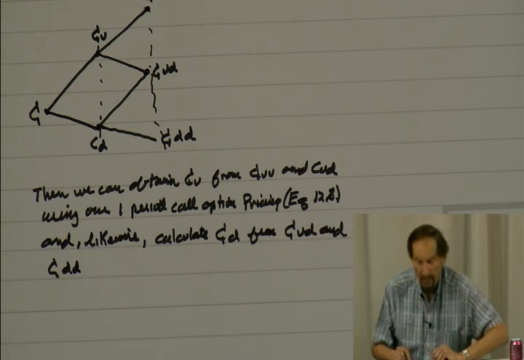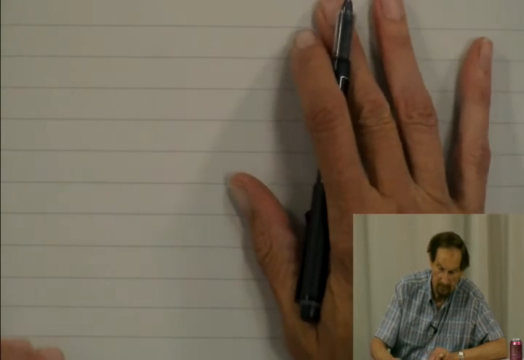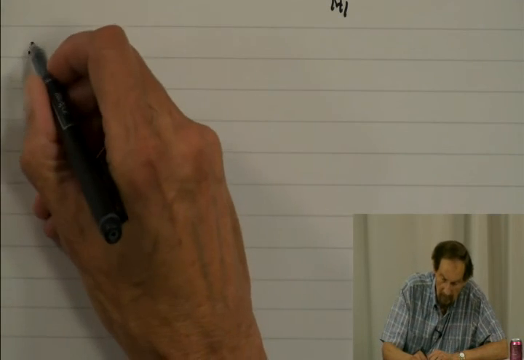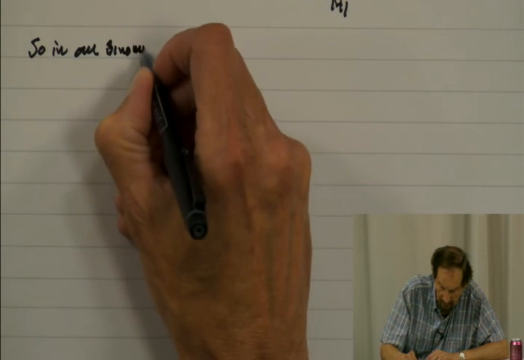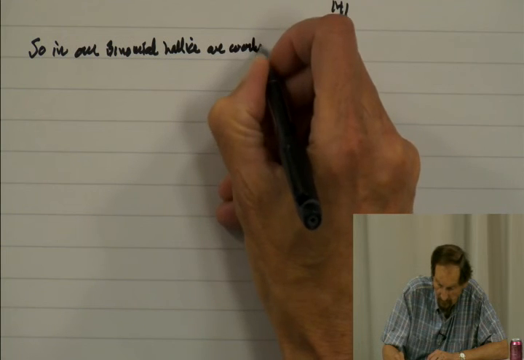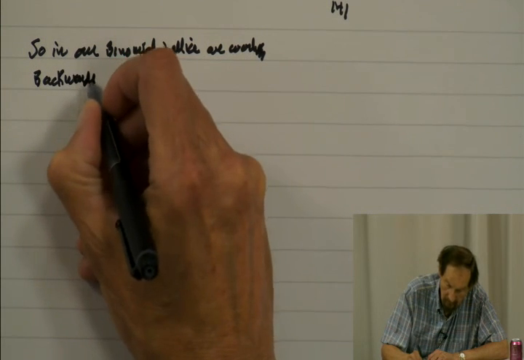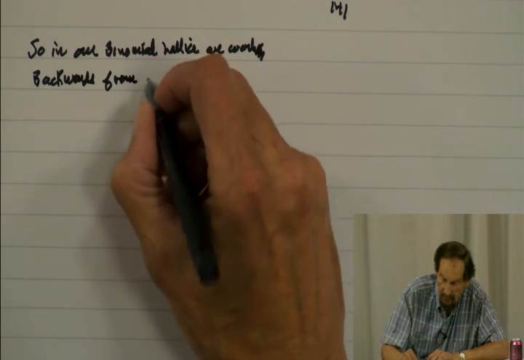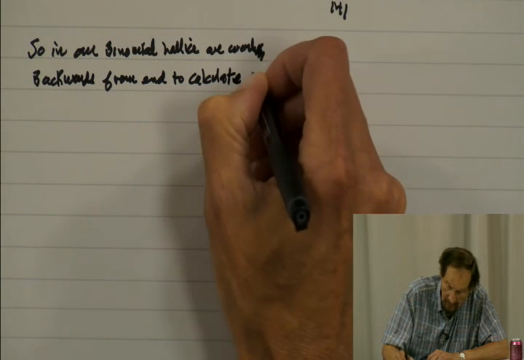Okay. Now, in the binomial lattice, we work backwards from the end to calculate C. Okay.